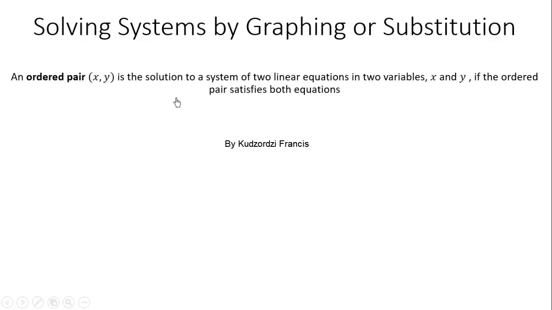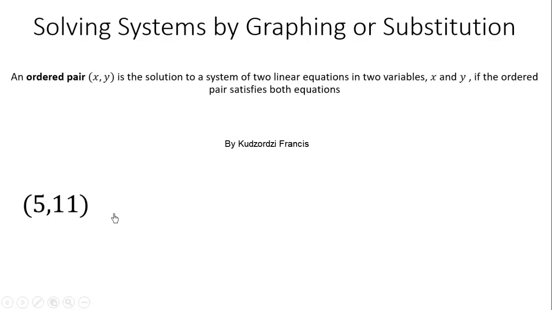Being a solution means the ordered pair satisfies both equations, or the ordered pair satisfies the system. For instance, (5, 11) is an ordered pair where x equals 5 and y is equal to 11.